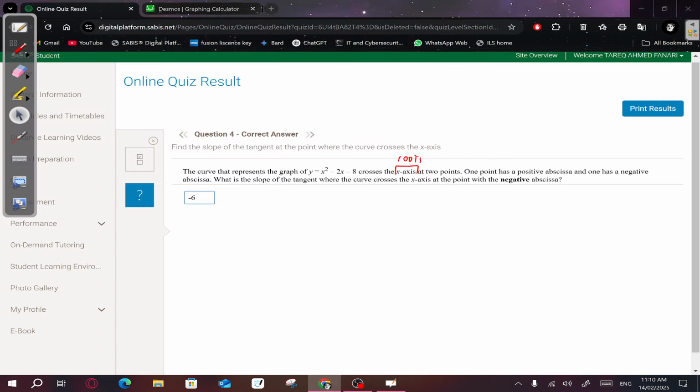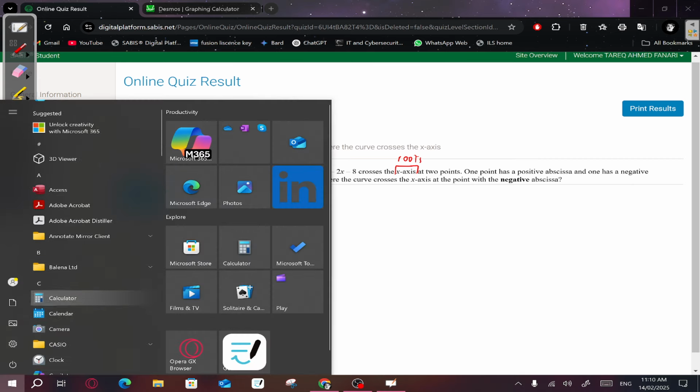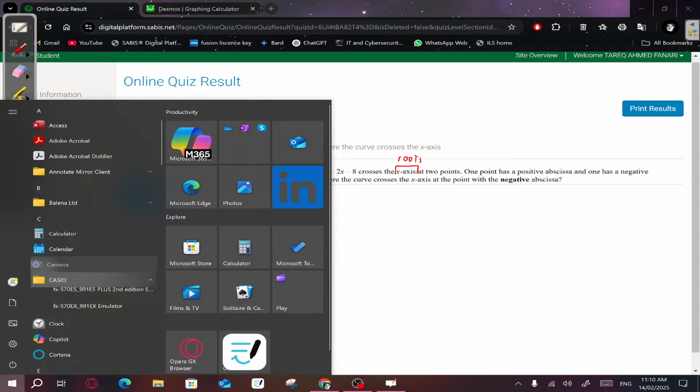Okay, so my bad. Whenever you have this and they want the roots, there are multiple ways to solve. You can complete the square, or you can factor, or you can use the quadratic formula. Now, the easiest thing to do, arguably, would be, if your calculator has the equation mode, to use that. So let me open it.